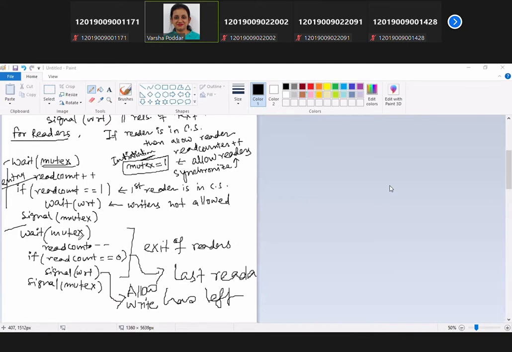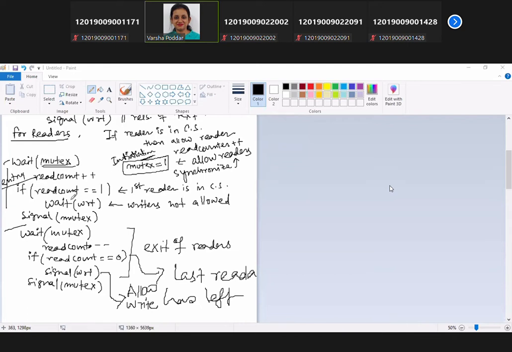Then read count minus minus, that means the reader is leaving. When it becomes 0, you can allow the write now. So signal write, then signal mutex.